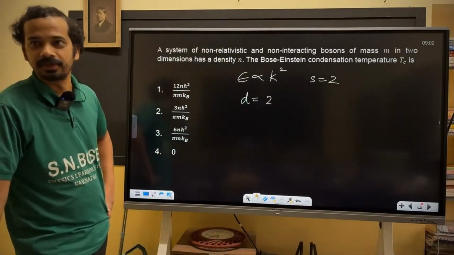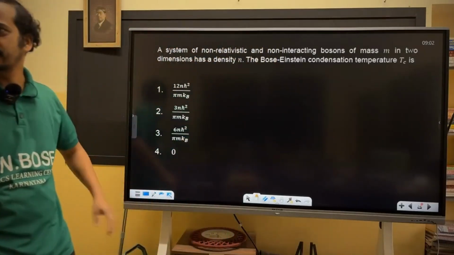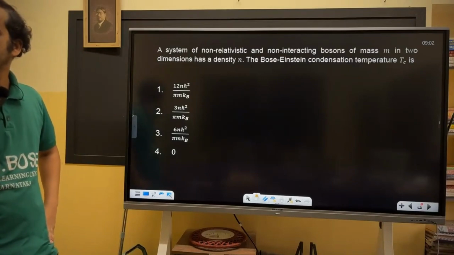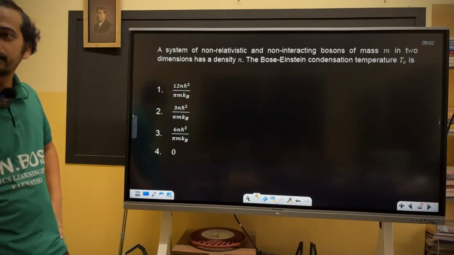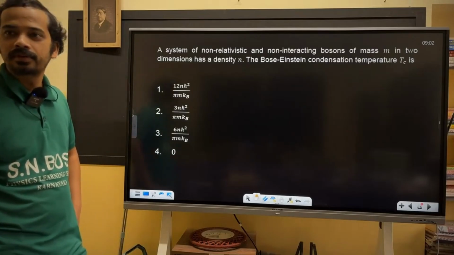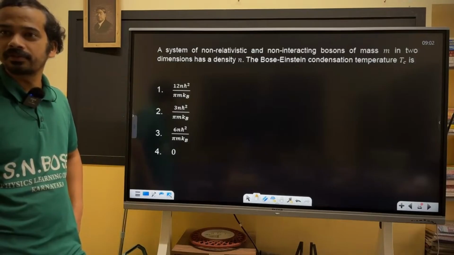The question asks for the Bose-Einstein condensation temperature Tc. He's asking for the temperature. How do you do it? What is D by S? It is 1, not greater than 1.